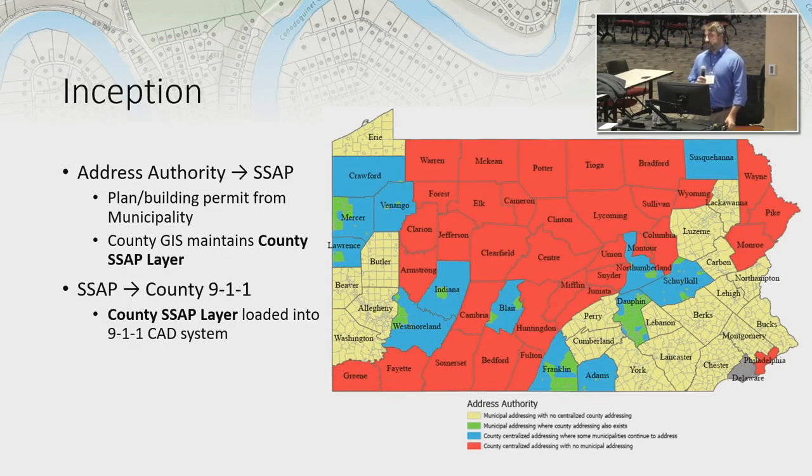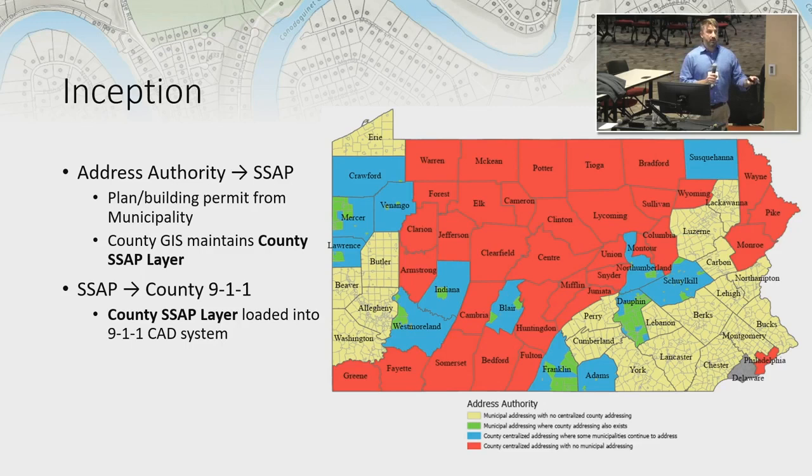So how does an address start? In Pennsylvania, the law says that a municipality is in charge of assigning an address, but in many cases, a county has assumed that responsibility. So on this map, you can see that in red, those are all the counties that have a centralized addressing with no municipal addressing.